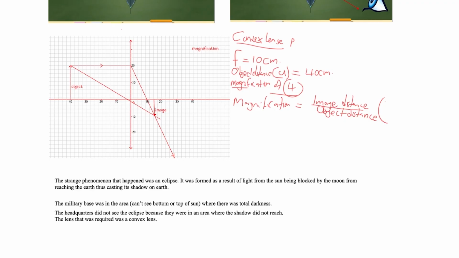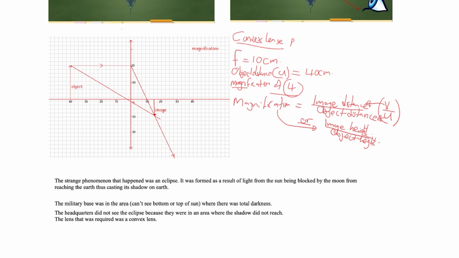So you can say this is V over U, where V stands for image distance and U stands for object distance. Or we can say that magnification is equal to image height over the object height.